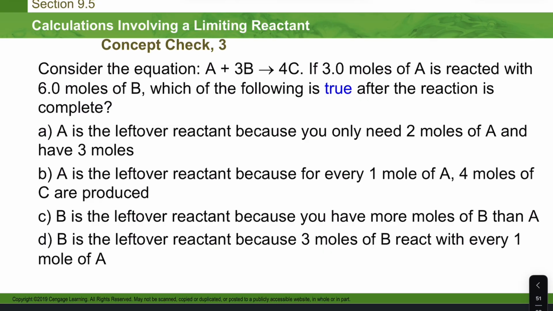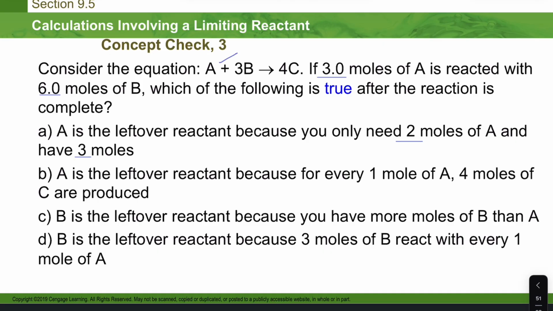Okay, so for the following equation, A plus 3B goes to 4C. I have 3 moles of A, and I have 6 moles of B. Which of the following is true after the reaction is complete? A is the leftover reactant because I only need 2 moles of A, and I have 3 moles.